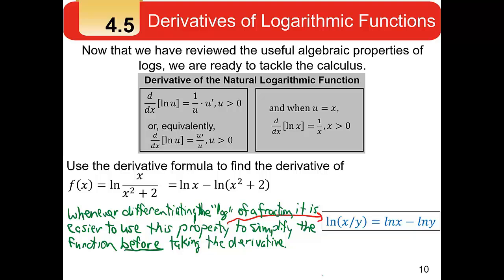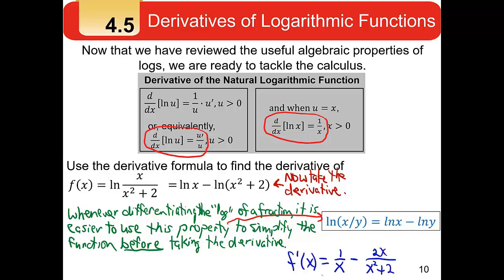And you can see that's going to make it much easier to find that derivative, because at this point, the first one is just natural log of x, and I know the derivative of natural log of x is 1 over x. And the second one, if you think of the x squared plus 2 as being the u and apply this formula right here, you end up with u prime over u.